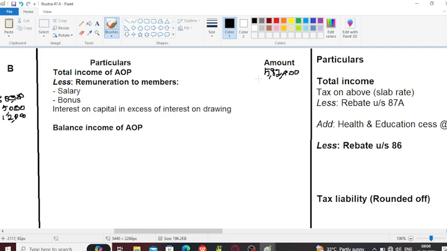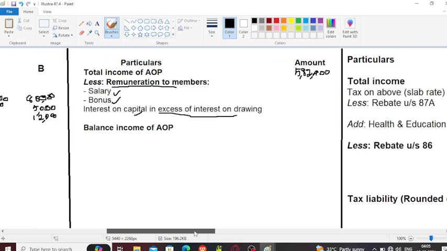From this total income of AOP, we have to subtract the benefits or remunerations to members, that is salary, bonus, and interest on capital in excess of interest on drawings.